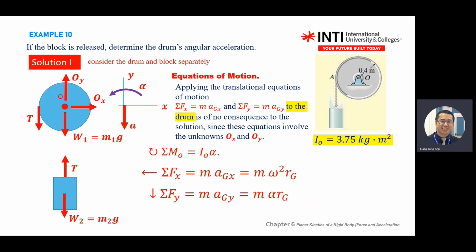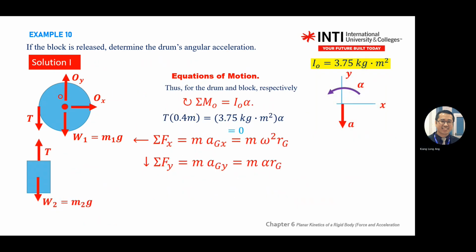So you find IO alpha and then F equals MA. Change your M X. X is the normal direction, so normal direction omega squared R. AGY goes down, this is the tangent acceleration alpha R. So nothing complex here, you just substitute.